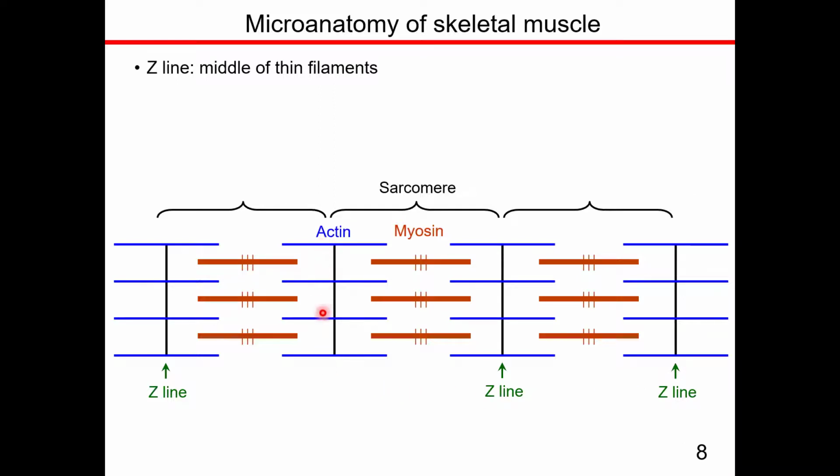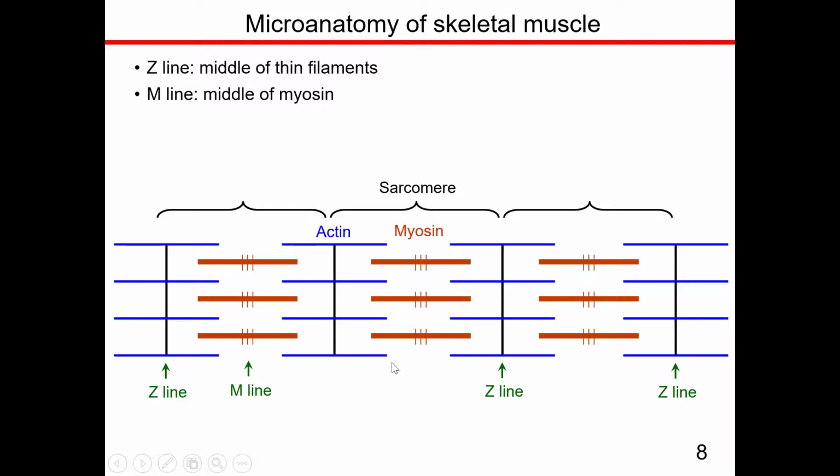Here's another Z line that's unlabeled because I'm about to add some more text under here. But here's the other Z line. So each one of these Z line to Z lines is a sarcomere, and the thin filaments are composed of actin. One actin filament will have its plus end anchored at the Z line. Another actin filament will have its plus end anchored here at the Z line.